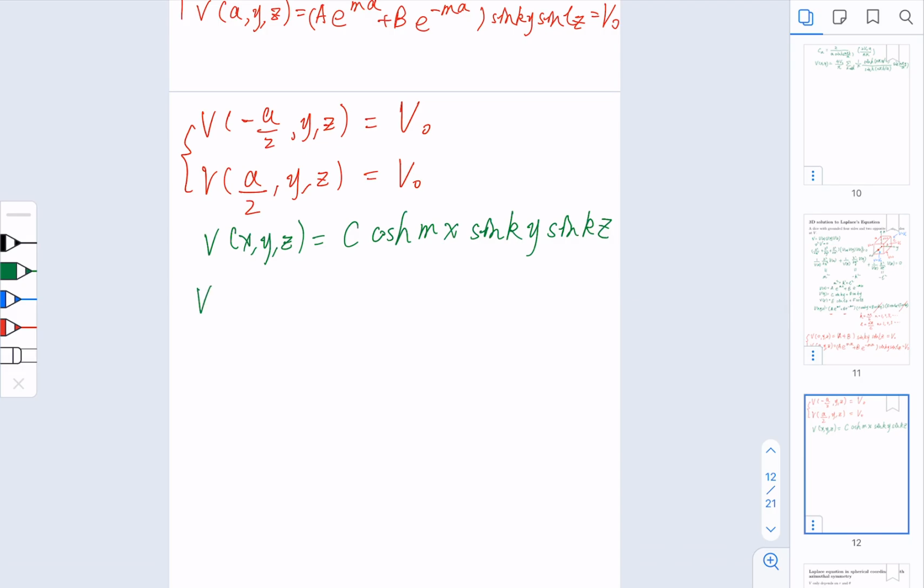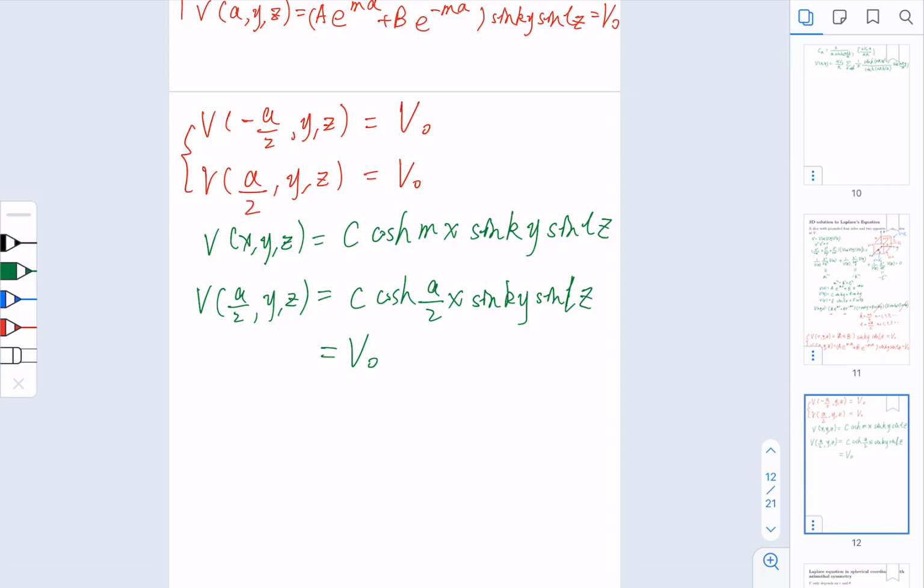Then if we apply this at a over 2, this should be L, and this should be a single constant v naught.